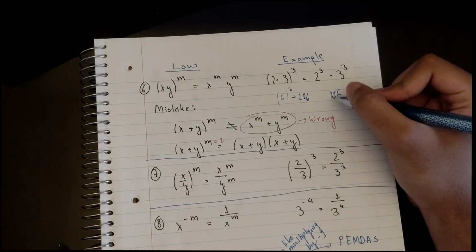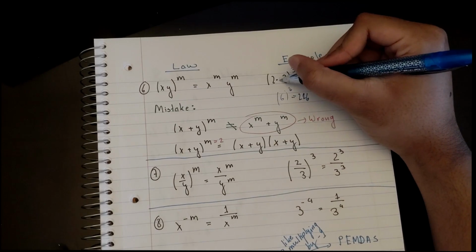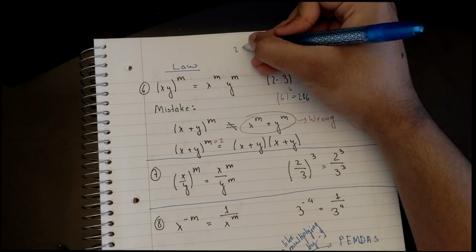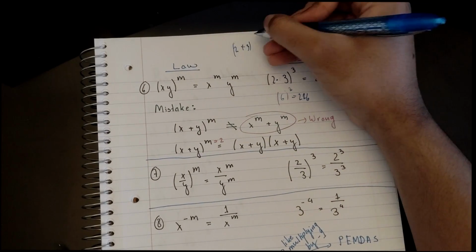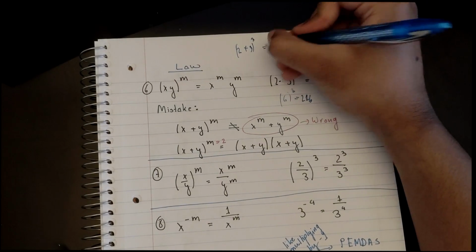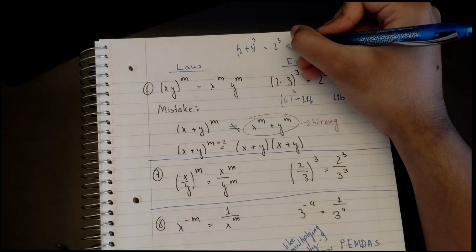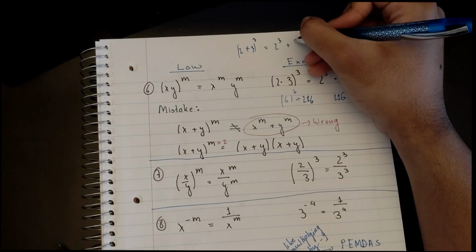But if you try to do that with addition, so 2 plus 3 raised to 3, that's not the same as 2 to the power of 3 plus 3 to the power of 3.